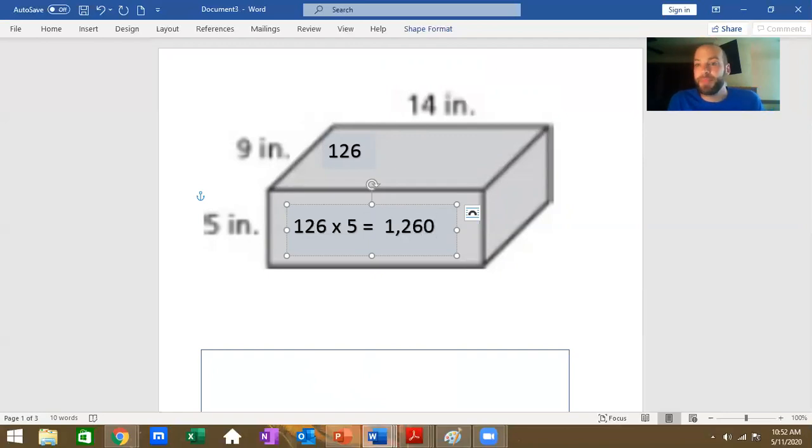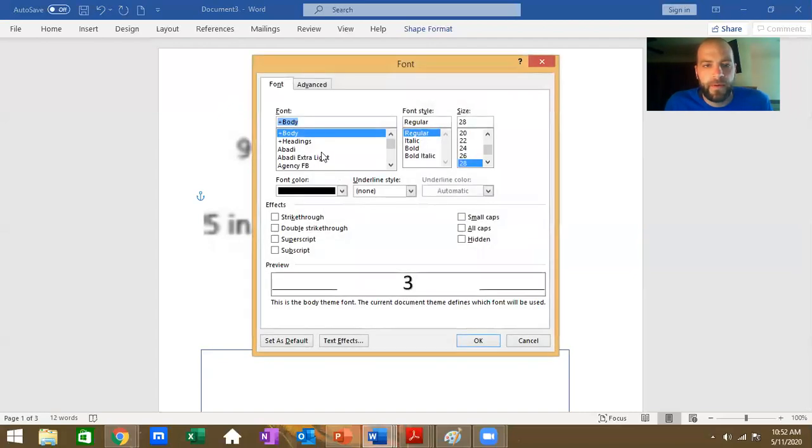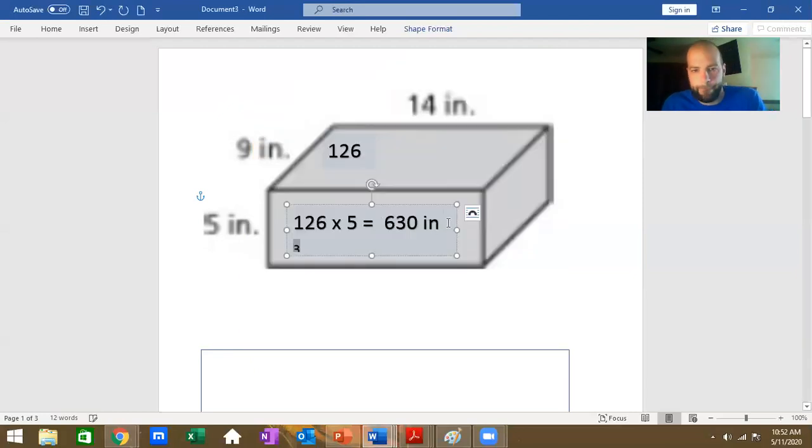But since it's not multiplied by 10, it's multiplied by half. So it's 630, right? Because 630 plus 630 is 1260. And the figure is three-dimensional. So therefore, it's cubic inches. And that is our total answer.